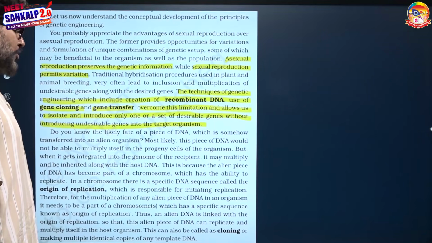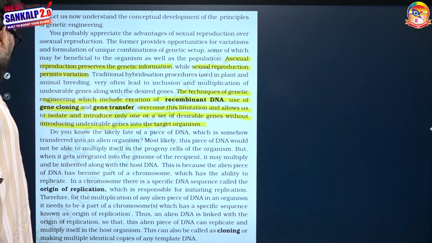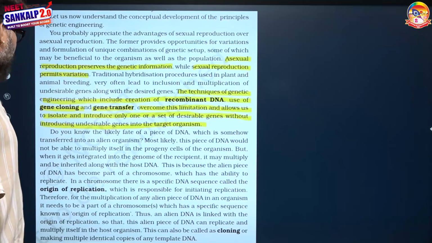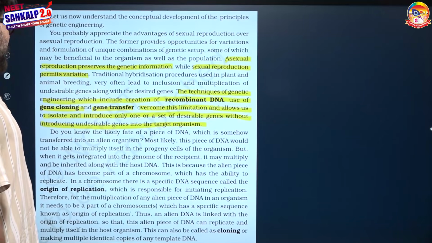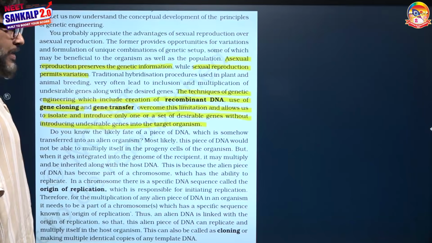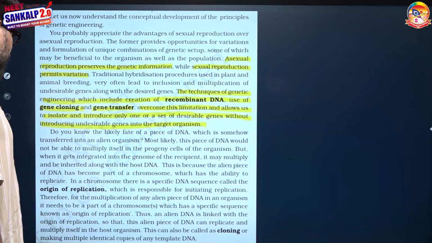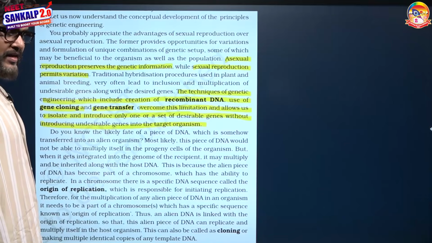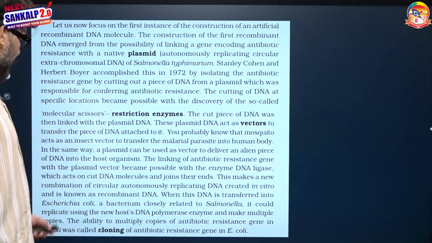Therefore, for the multiplication of any alien DNA in an organism, it needs to be a part of the chromosome which has a specific sequence known as the origin of replication. Multiplication of the gene or the DNA is known as gene cloning. Multiplication of the desired DNA containing cell is cell cloning.